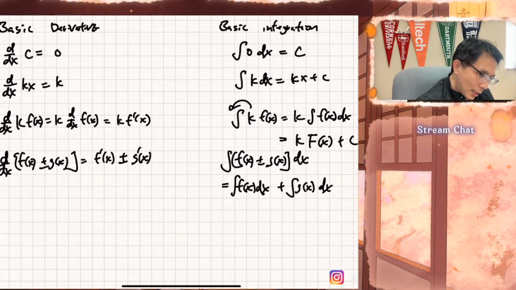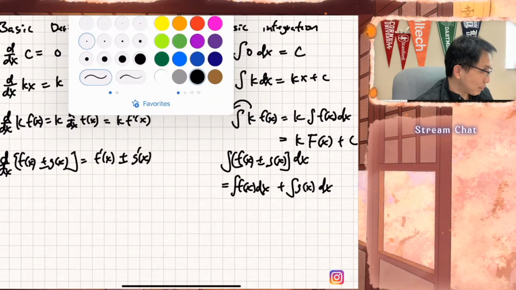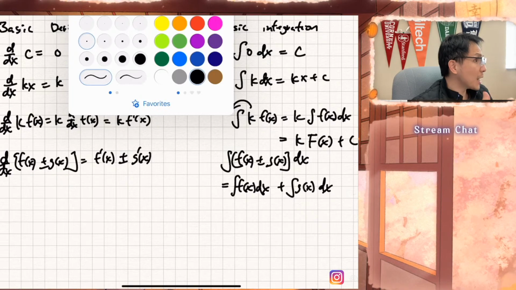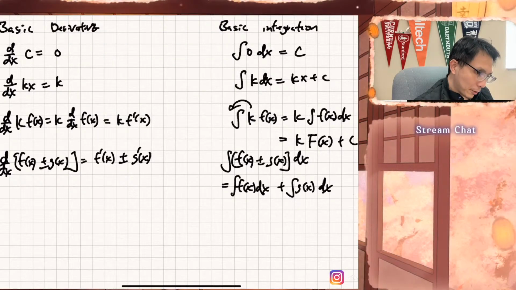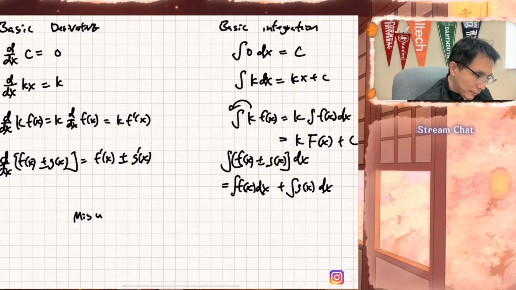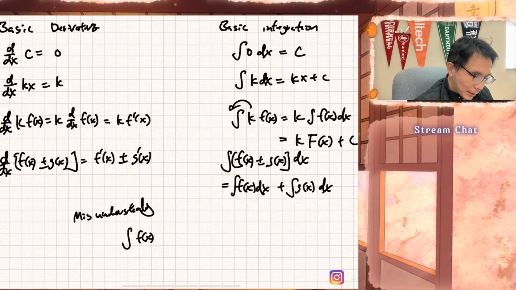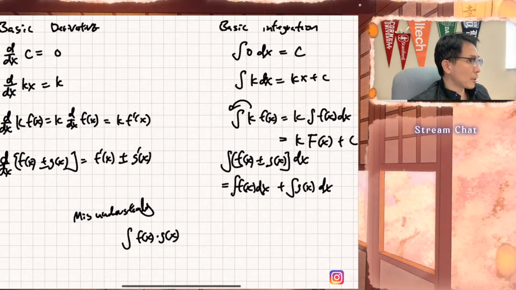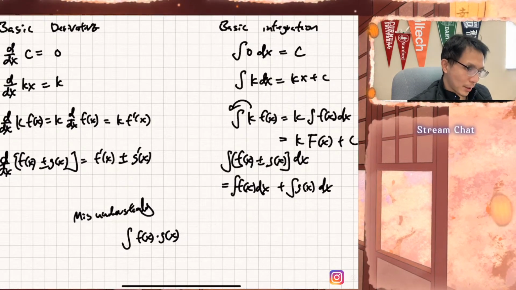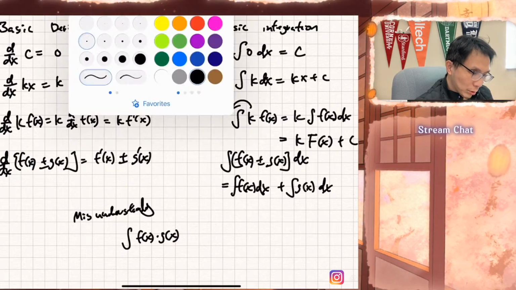However, there's a misunderstanding. The integration of f of x times g of x is just the integration of f of x times the integration of g of x. That is not true.